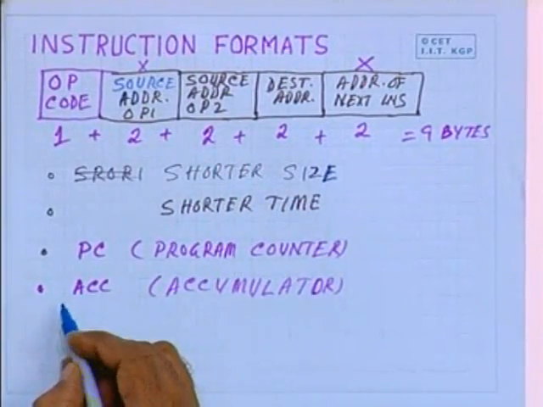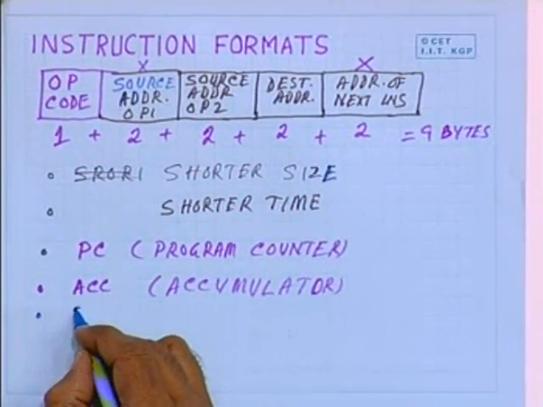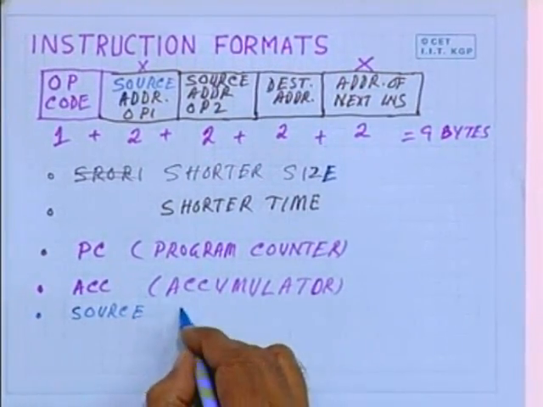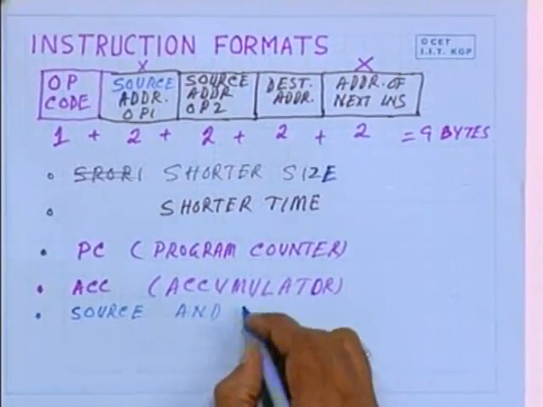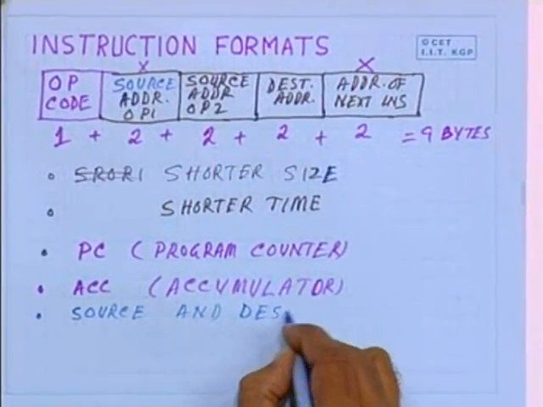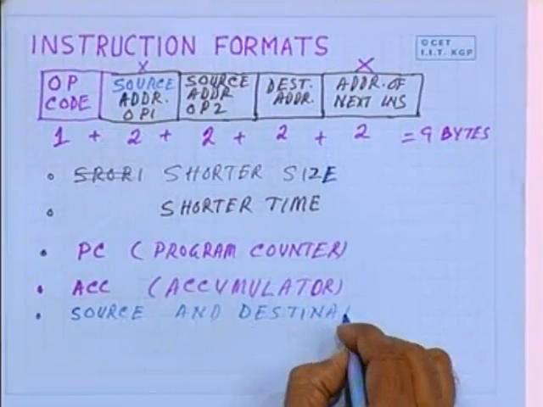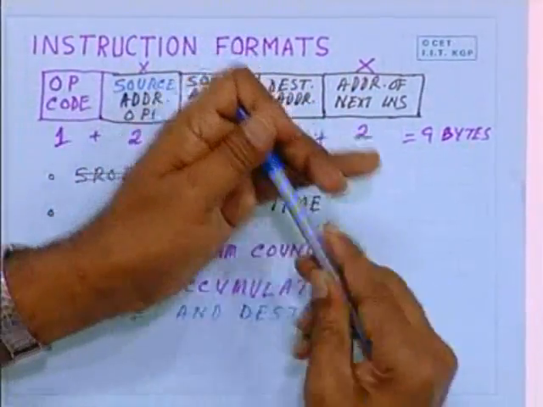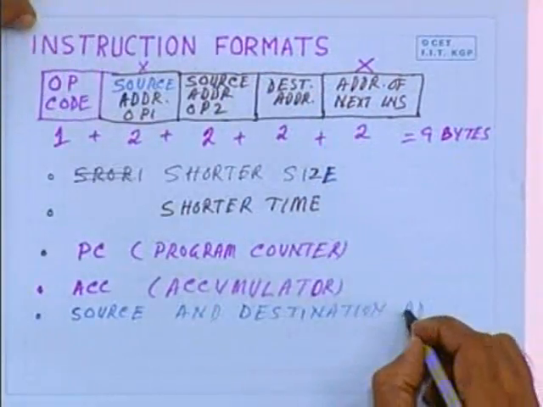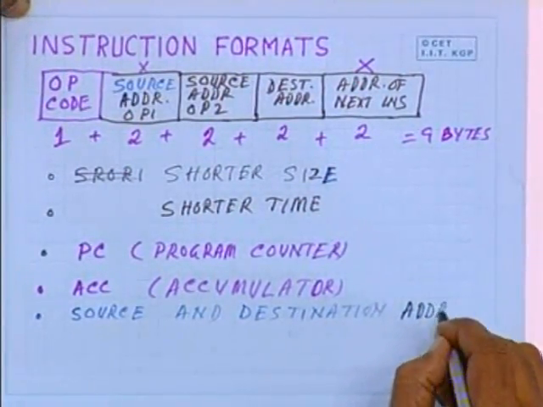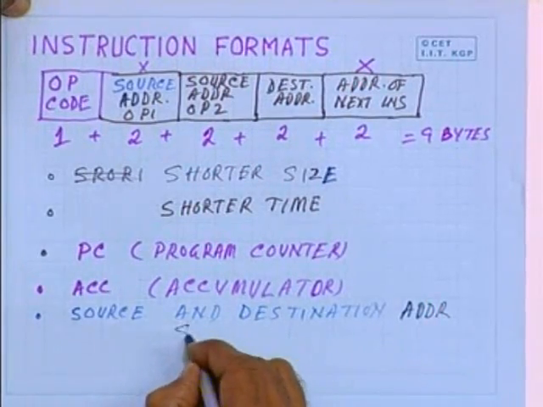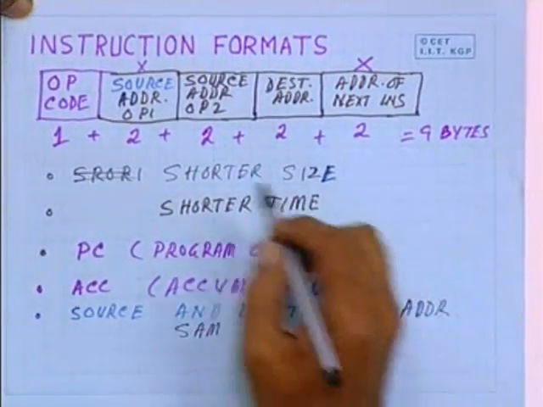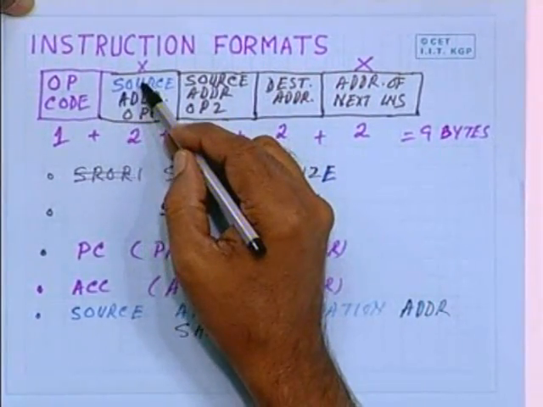Then another approach is to use the same source and destination address. For example, the source of operand 1 was the accumulator.